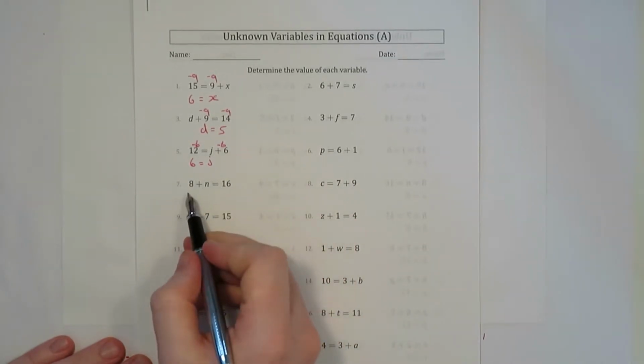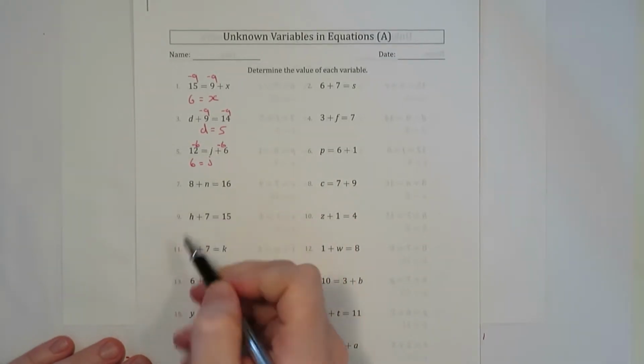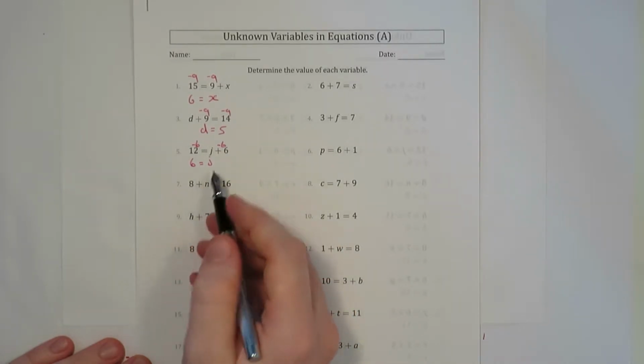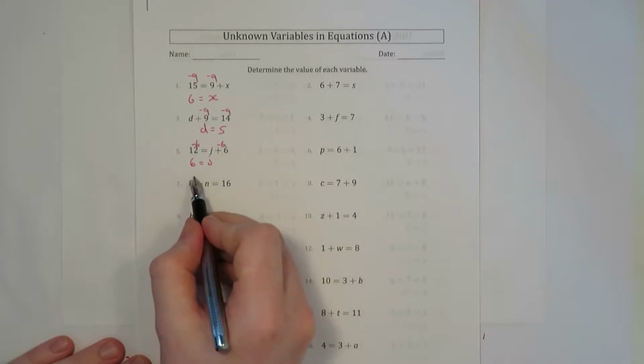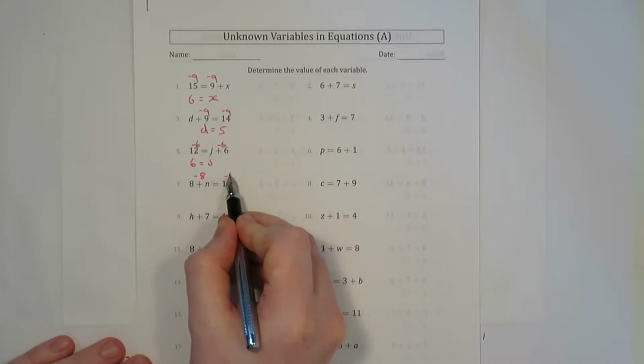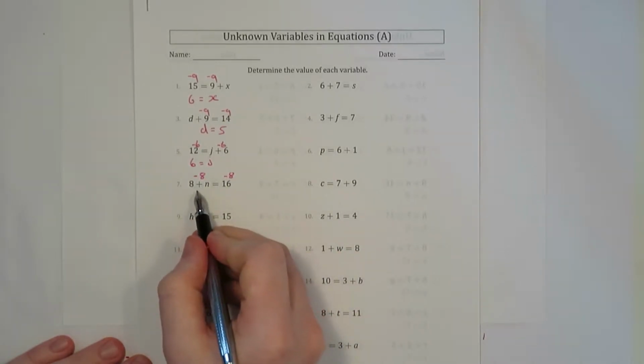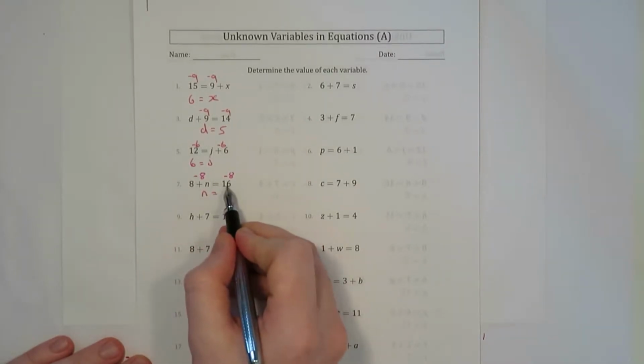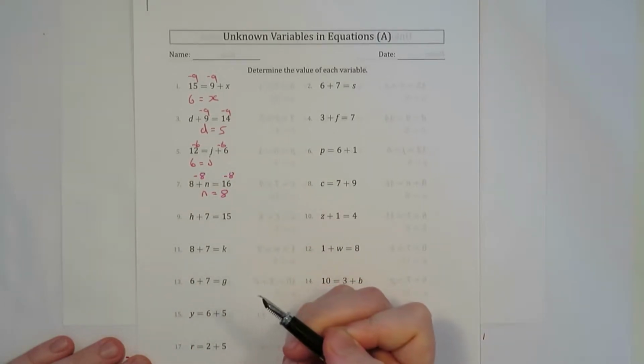Next question. 8 plus n is equal to 16. So here, on the same side as the n, we have an 8. So we need to subtract 8 from both sides. On the left hand side we will be left with n, and on the right hand side 16 minus 8 is 8.